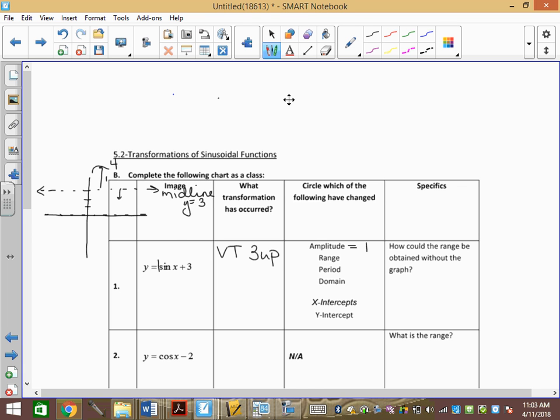It's going to be at 2, because 1 down from 3 is 2. So our range is going to be from 2 to 4. It's always min to max. The amplitude didn't change, but our midline, that middle part of the graph, moved up. So our range changes. We agree?